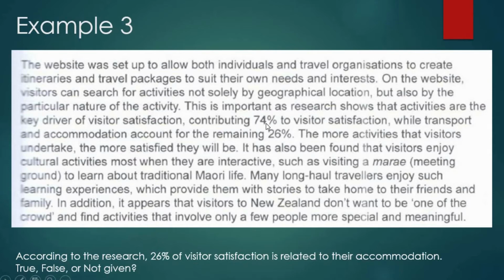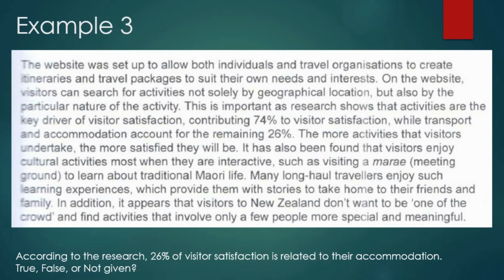Now we can clearly see this big 26%. Let's read the line, what it says. This is important as research shows that activities are the key driver of visitor satisfaction, contributing 74% to visitor satisfaction, while transport and accommodation account for the remaining 26%.